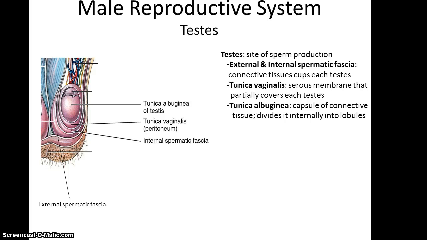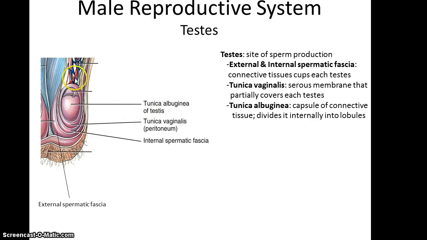Each testis is a site of sperm production, and it has many layers. Besides obviously the scrotum, you have around each individual testis the external and internal spermatic fascia, which are connective tissues that cup each testis and hold it in place. You can see that they are continuous with the spermatic cord above them.